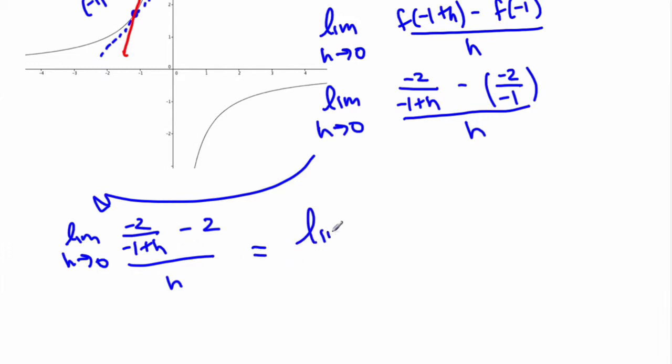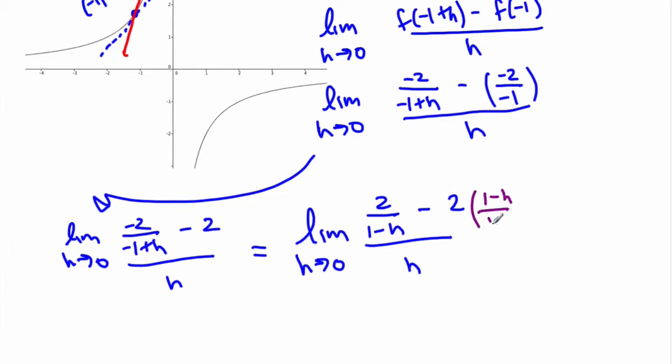So the limit as h approaches 0. Take out a negative, we're going to get 2 over 1 minus h. Make sure you did this right, because there's a negative coming out of the -1 and the plus h. Minus 2 all over h. Let's do a common denominator. 1 minus h over 1 minus h.